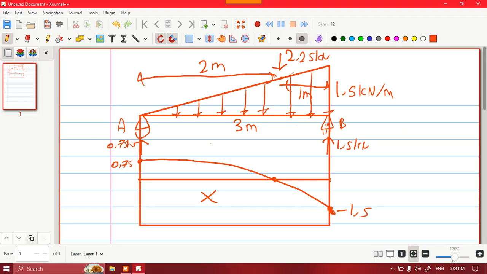In order to find x and calculate this shear area and find the moment max, I have to do some manipulation. I'm going to draw a line here and take similar triangles. I call this point W, the maximum shear point, and this distance x.